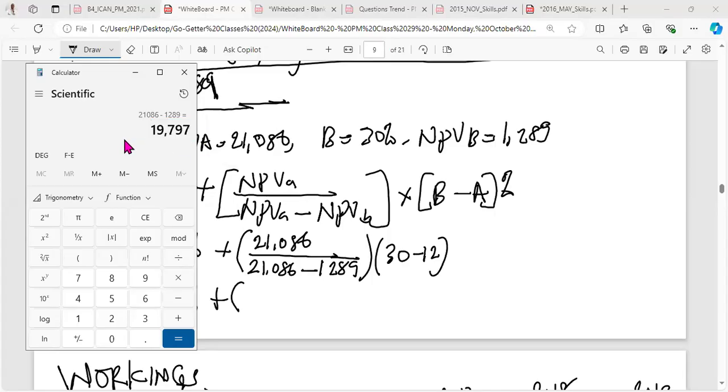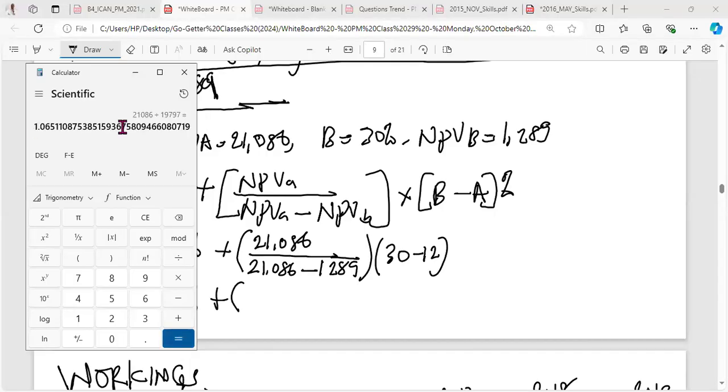All right. Then I have 21086 divided by, I'll just paste, which is Control V. So I've divided it by what I copied before.